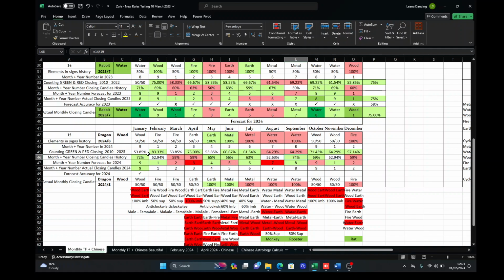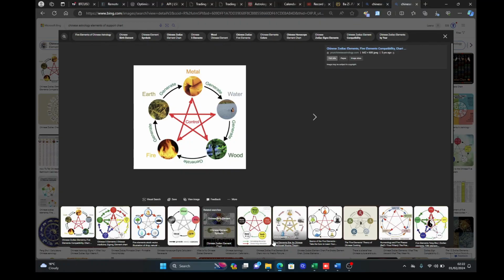So as it happened in January here, we had wood, earth. January is the month of the ox. The ox is female wood, and wood earth is an enemy combination. These two hate each other's guts, as I showed you here.